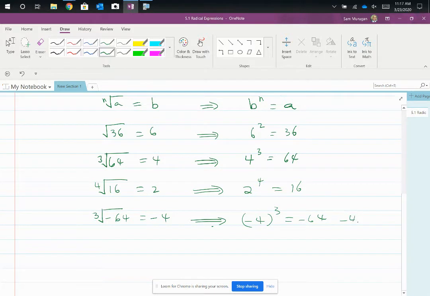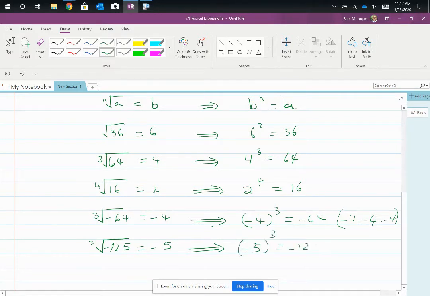It's negative 4 times negative 4 times negative 4. Or the third root of negative 125 is equal to negative 5, which comes from negative 5 to the power 3 is equal to negative 125.